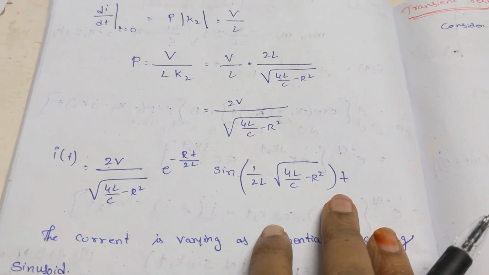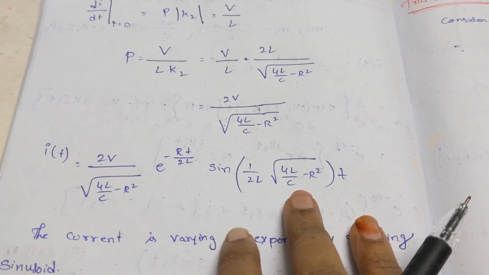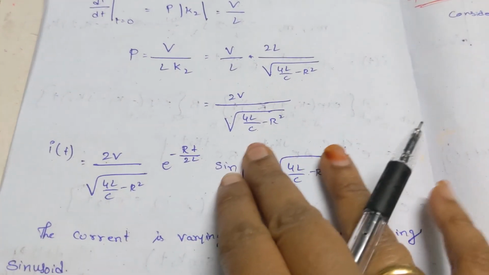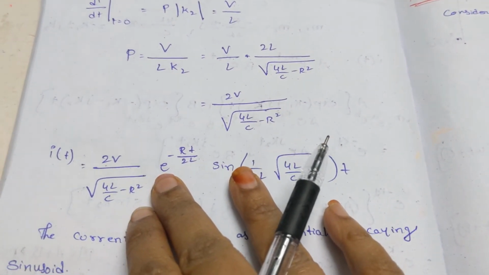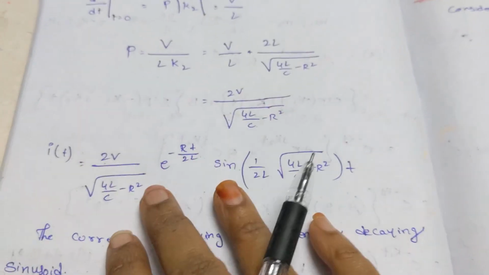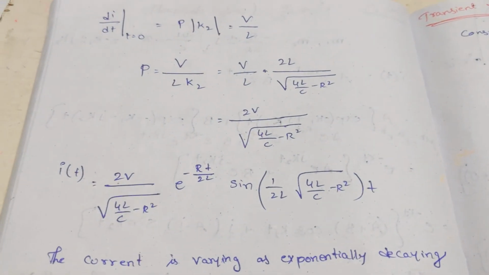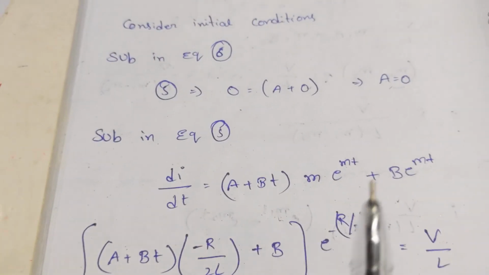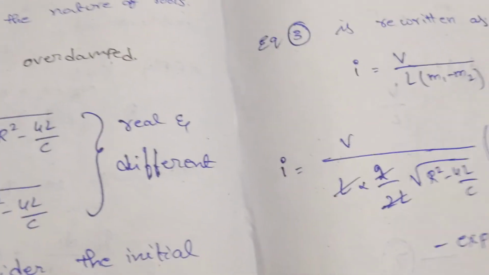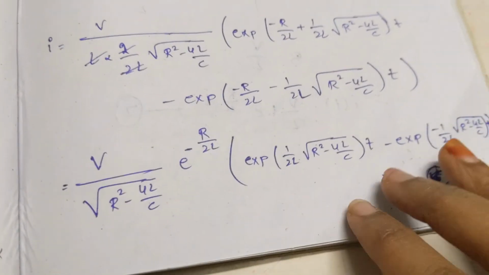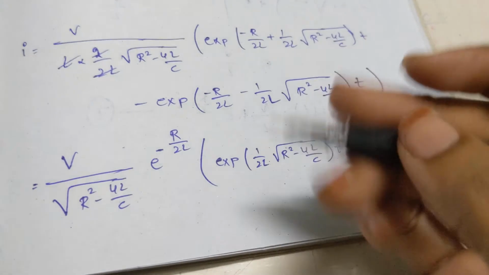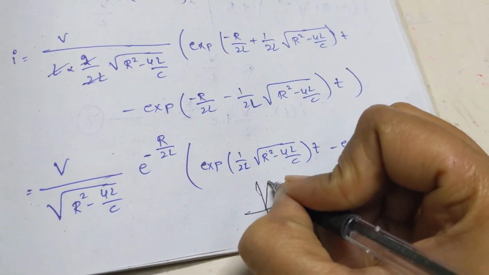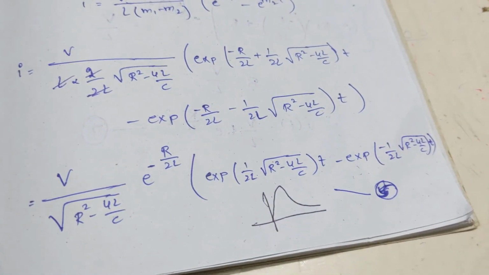So this is the current response. It is a sinusoidal waveform and exponentially decaying. When you observe these three cases, in case number 1 we have the difference of exponentially decaying terms, which means the waveform should be like this.